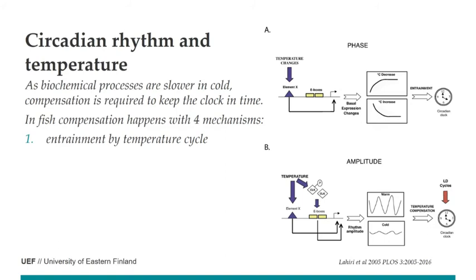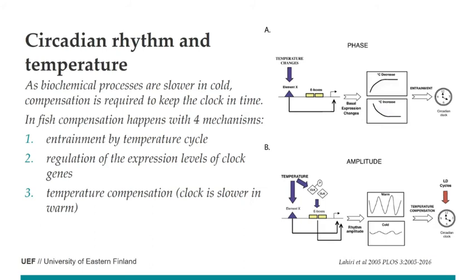So we can have upregulation or downregulation of gene expression, and then what happens next for the tissues that they are controlling, we can enhance that in cold, or we can regulate the expression level of the clock genes also. And then we can have temperature compensation, so making the clock slower in warm. Or we can have an effect on the amplitude of this cyclic expression.